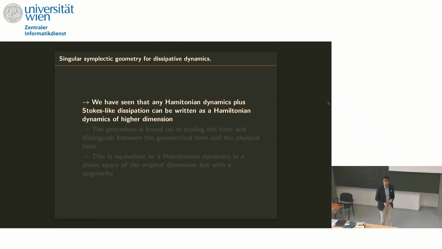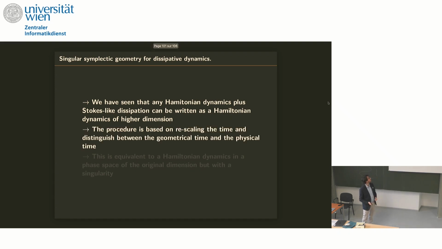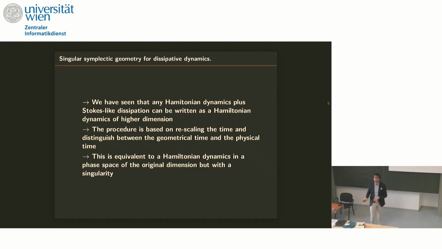So globally, we pay the cost of higher dimension and so more complexity to get some dissipation into our system. But what is nice here is that we keep a Hamiltonian way to write everything up, maybe to add some singularities. So we have these two ways. Either we rescale everything in the Hamiltonian, or we add some singularity in the symplectic form. This is actually equivalent, but we have two ways to do this kind of dynamics.